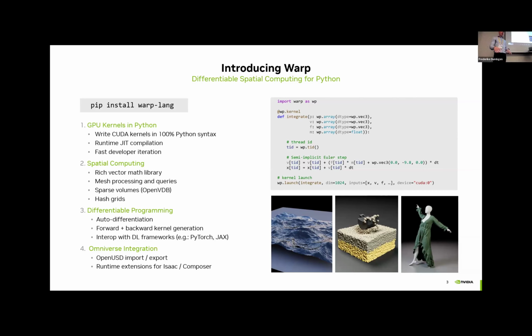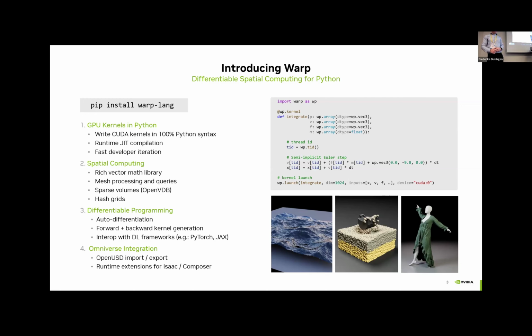So you can still leverage the high-level ecosystem from Python to use deep learning frameworks like PyTorch and JAX, and then also implement a simulator in this high-level framework, but still get the speed you get from CUDA. And on top of this, we also do automatic differentiation using code generation, so that the kernels you write will be automatically differentiated, so that you can get gradients really efficiently.